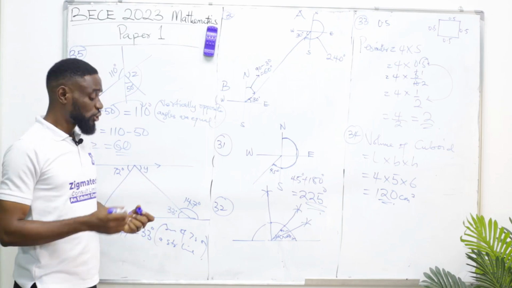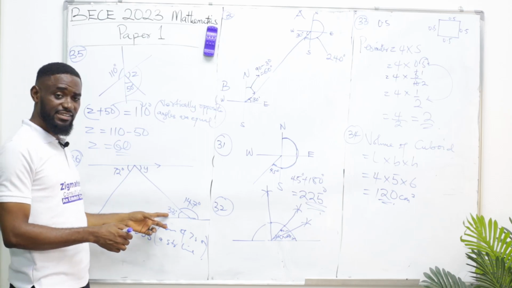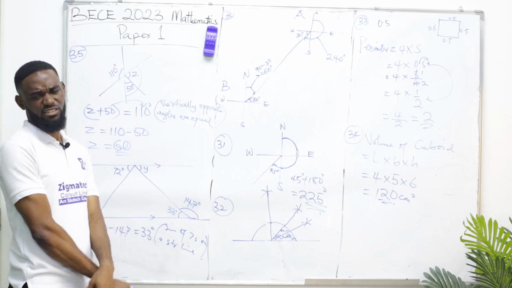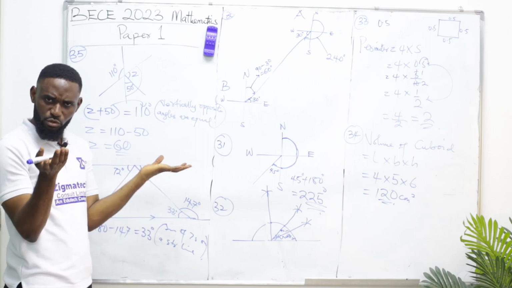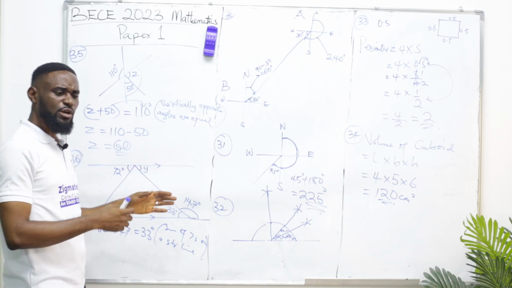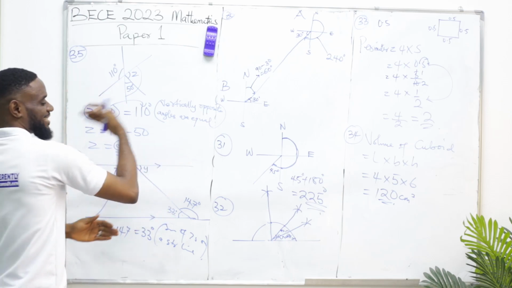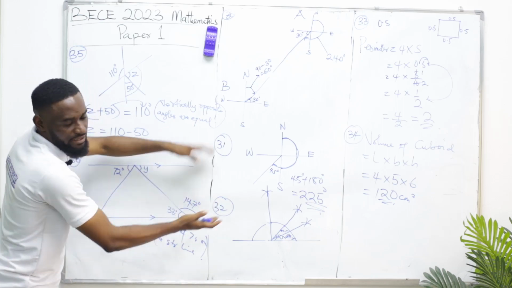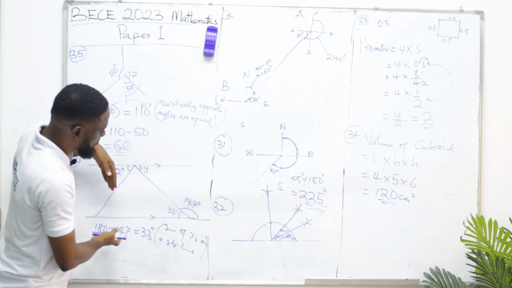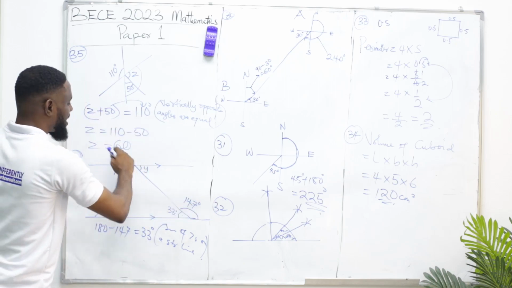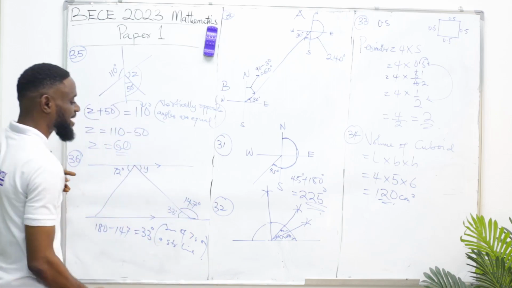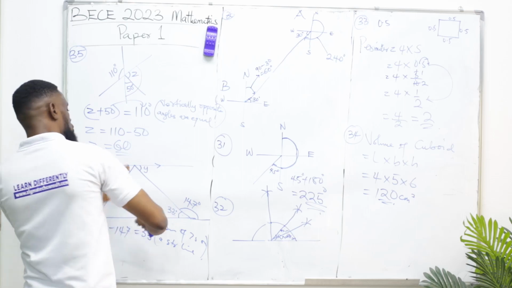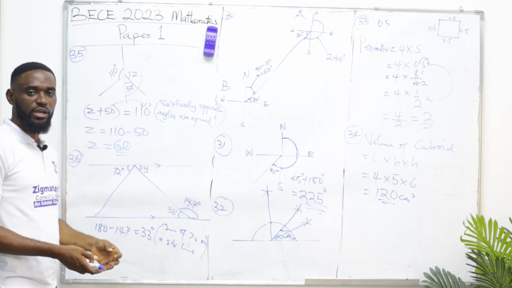Do you get the point? So if here is 33 degrees, it means that y is 33 degrees. You can tell the reason. Because this 33 is alternate to y. Remember, these are two parallel lines, right? So this line cuts the two parallel lines. It means that whatever you have here will be equal to what you have here. Okay?